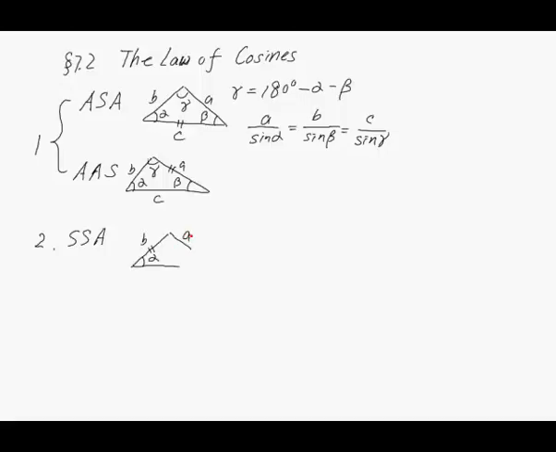So first, you need to compare A with B. If A is greater than B, then you just have one triangle in this case. And if A is not greater than B, then you need to compare A with the length of this altitude.